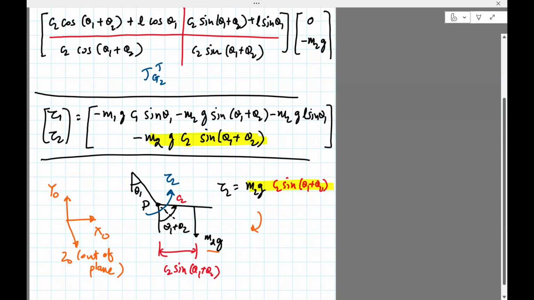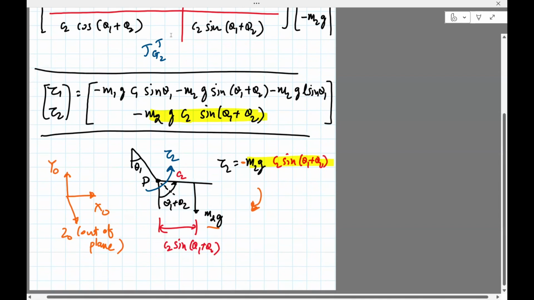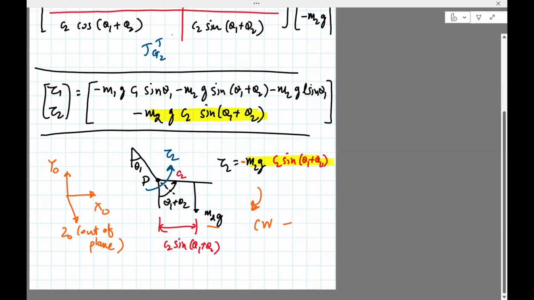When you do that, you see that your thumb points inside the plane of the paper, which means that this torque is negative because it's clockwise. So clockwise is negative, counterclockwise is positive. So here M2G is clockwise. Turn it clockwise, thumb gives you the negative direction. Okay, do it with the right hand, don't do it with the left hand. So that checks out, right?